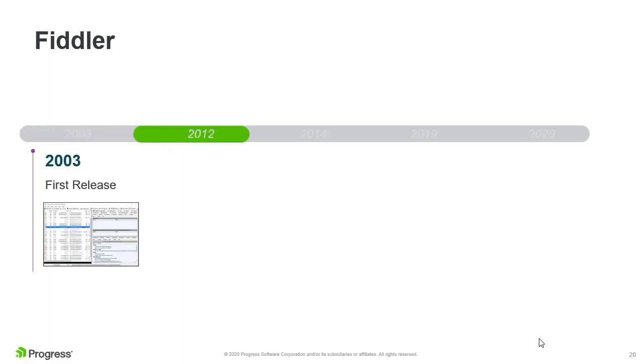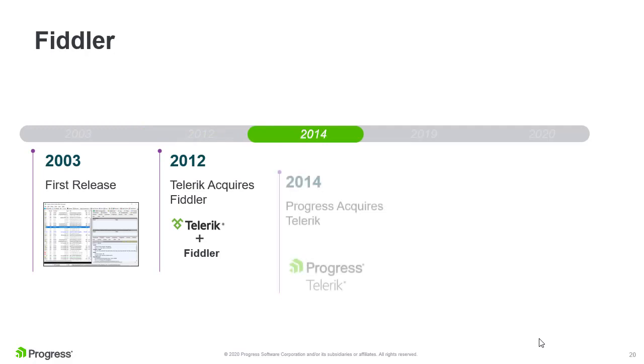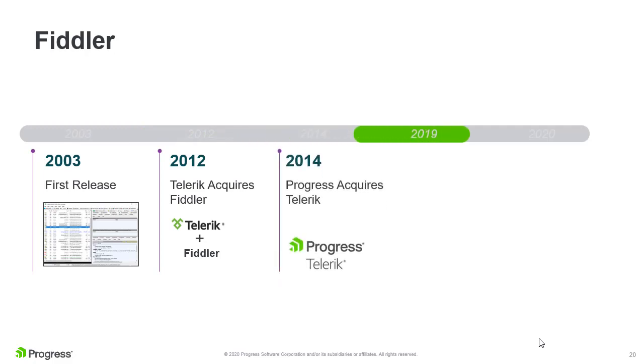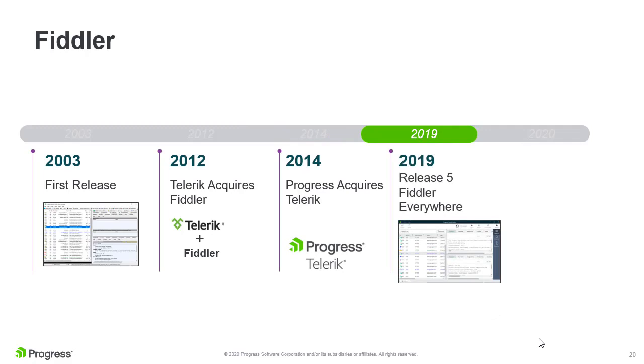And then Telerik acquired Fiddler in 2012 and continued to offer Fiddler through its portfolio of products. And in 2014, Progress acquired Telerik, along with all the products and offerings of Telerik. And since then, the Fiddler team has been adding features and doing regular releases.